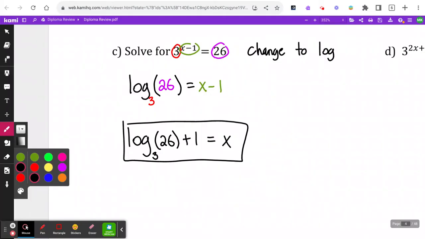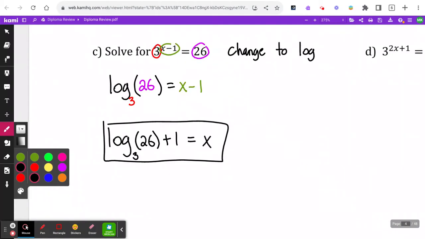You definitely could. So like that would be an exact solution. If you wanted to solve that in your calculator, you just go log 26 divided by log 3 and then add 1. So rounded, that'd be 3.97.